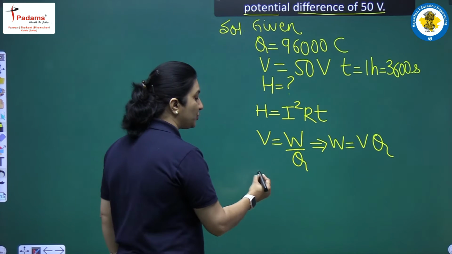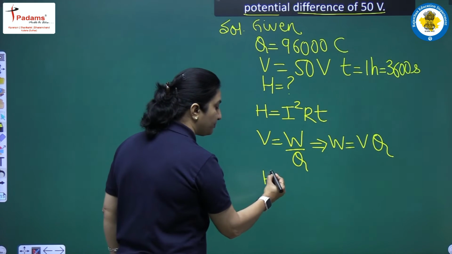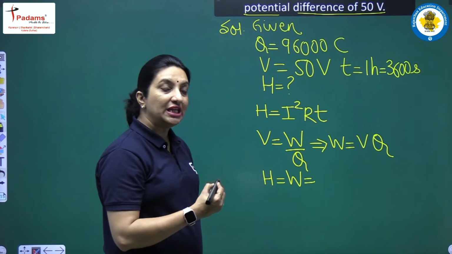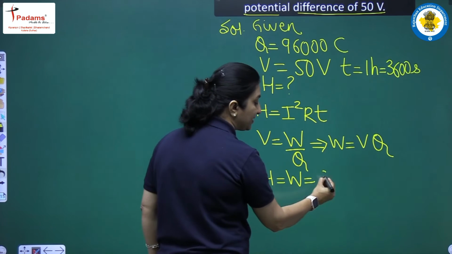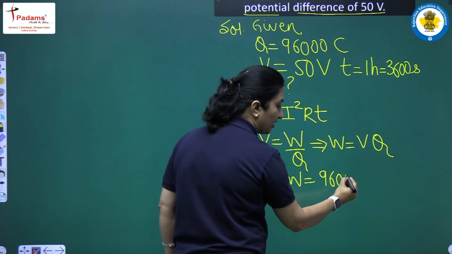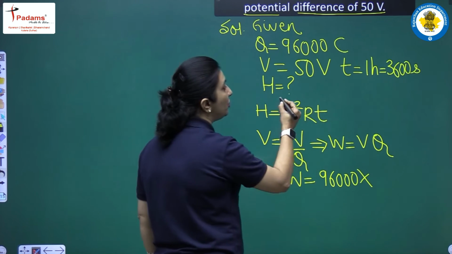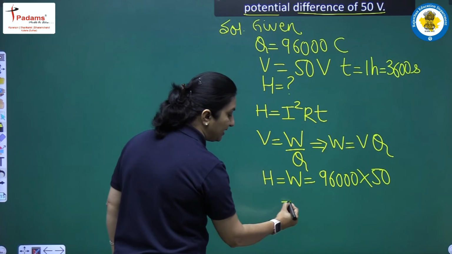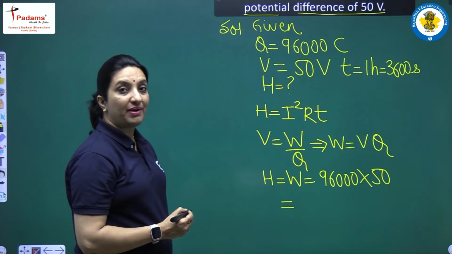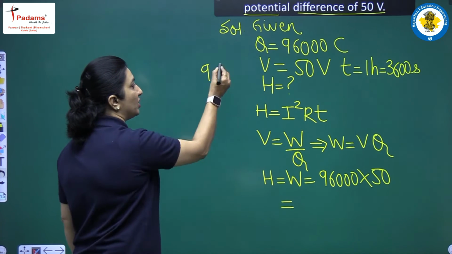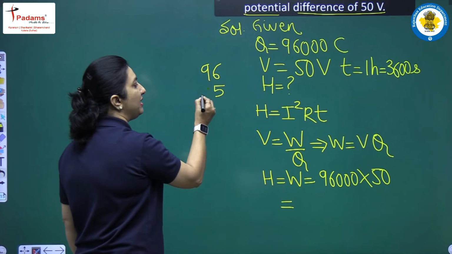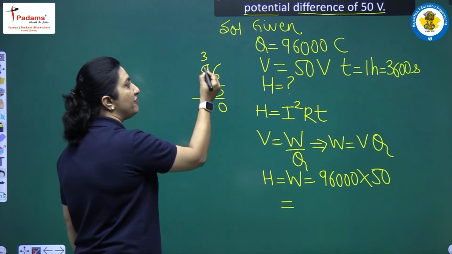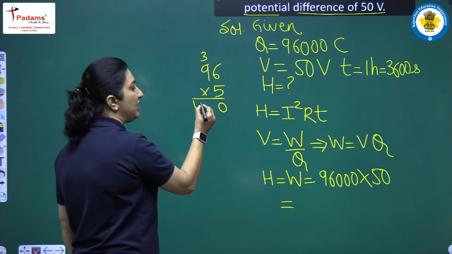So what we can do is students, that the heat produced which is equal to the work done is given by V into Q, and V we are given as 96,000 and Q is given as 50. So when we multiply this, then 96 has to be multiplied by a 5. So if I multiply 96 by 5, then 5 6s are 30, 9 5s are 45, 46, 47 and 48.